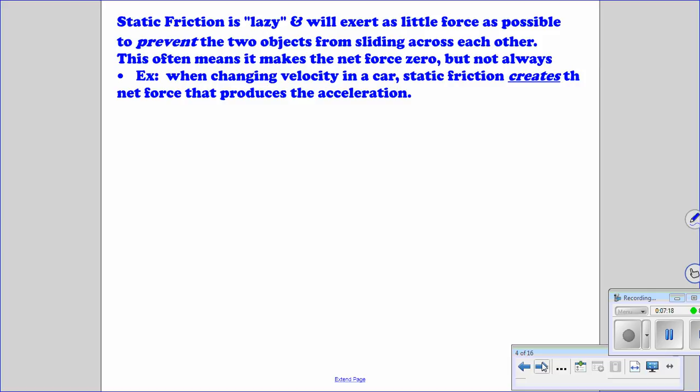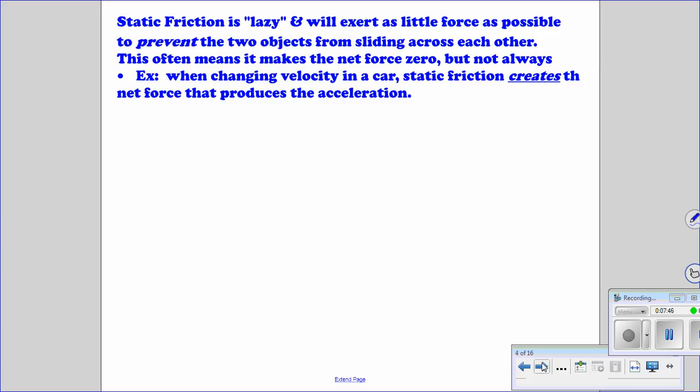It doesn't move, so that means I'm pushing with 1 Newton, it's not moving, net force is 0, so my force of static friction must be negative 1 Newton. If I push with 2 Newtons, I'm pushing harder, but it's still not moving. So static friction is now exerting 2 Newtons, 3 Newtons, 4 Newtons, 5 Newtons, until eventually I'm able to overcome it.